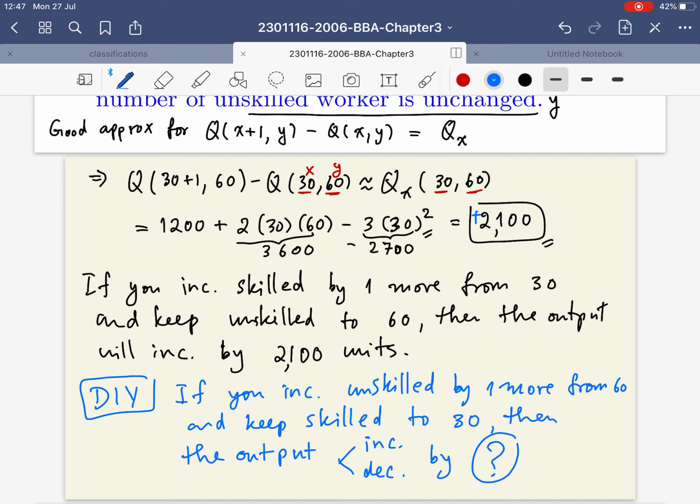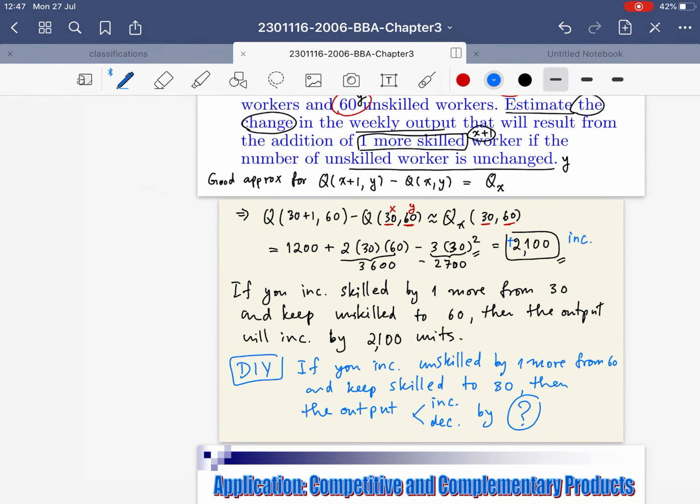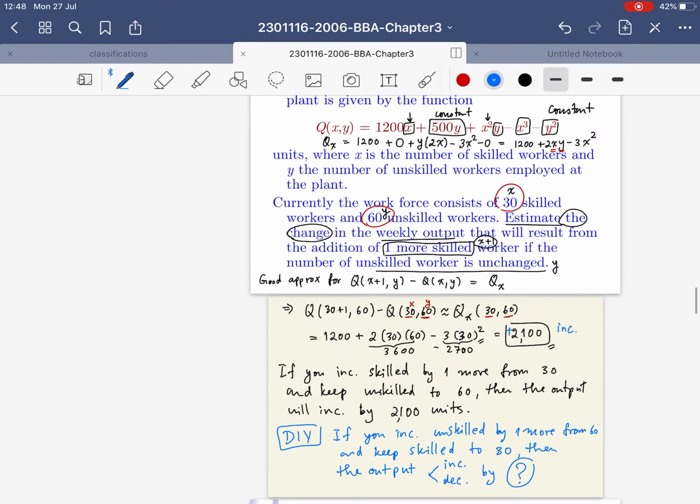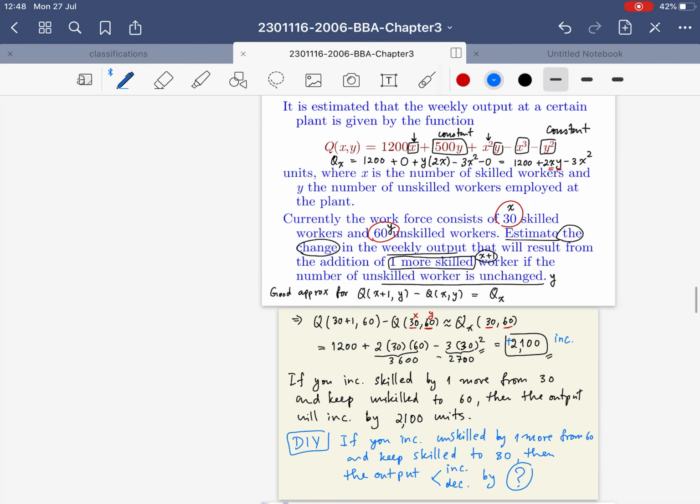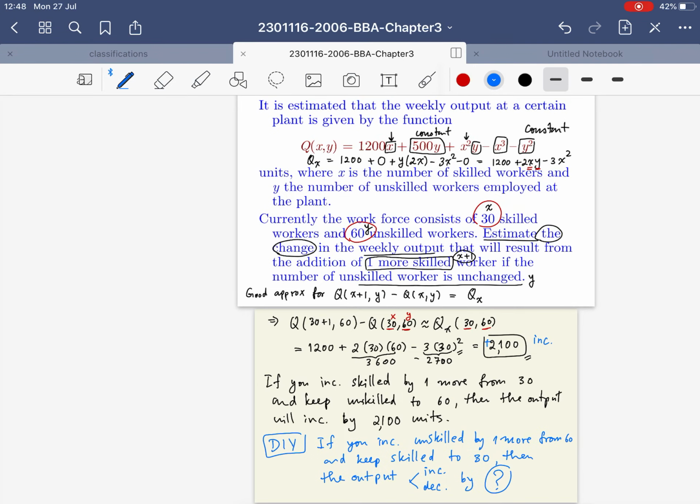If it is positive, of course it will be increasing. If it is negative, then it will be decreasing. So just use the same function Q and do this problem instead. We increase unskilled by one more and keep skilled at 30. What will happen to your output level? What is the change?